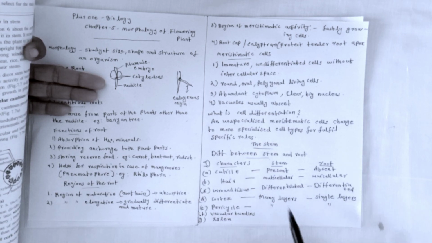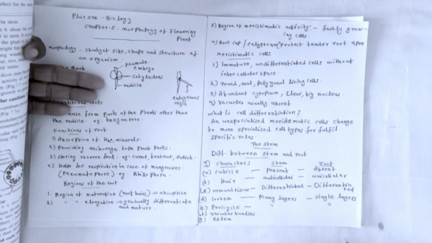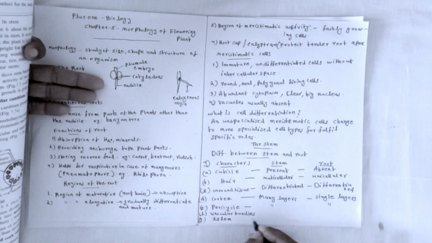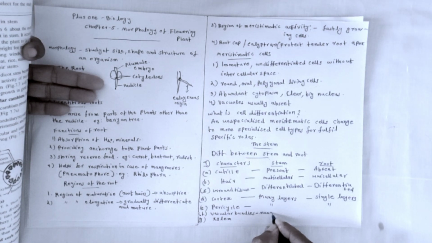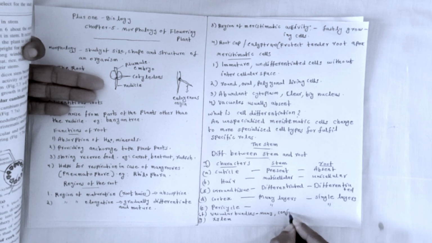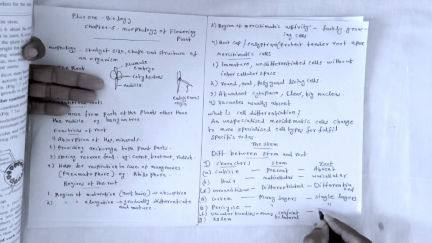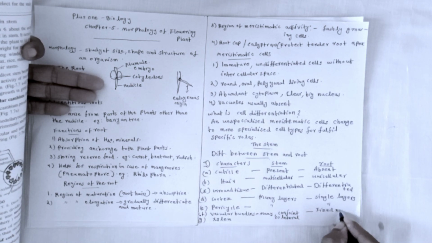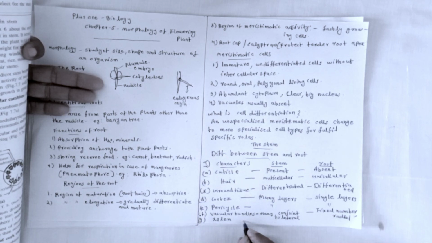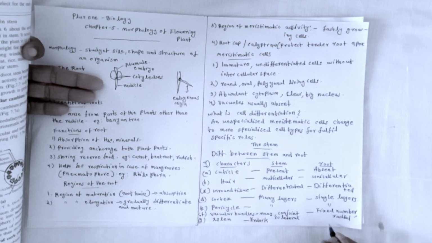Pericycle is many layered in stem but single layered in root. Vascular bundles are conjoined and collateral, with many bundles in stem. Here, a fixed number, radial, xylem endarch, here exarch.